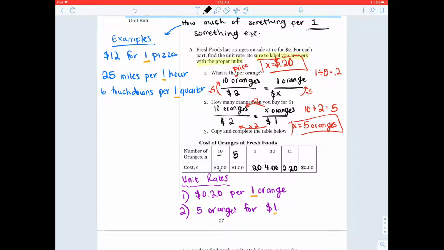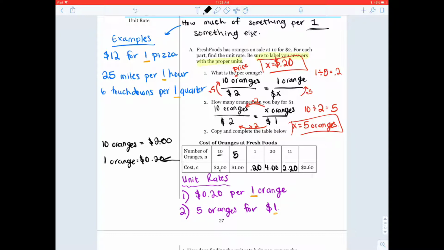Okay, the last one. We need to figure out how many oranges cost $2.60. I'm going to work over here. So we know that 10 oranges cost $2. And we know 1 orange costs 20 cents. How many more oranges do I need to add here?